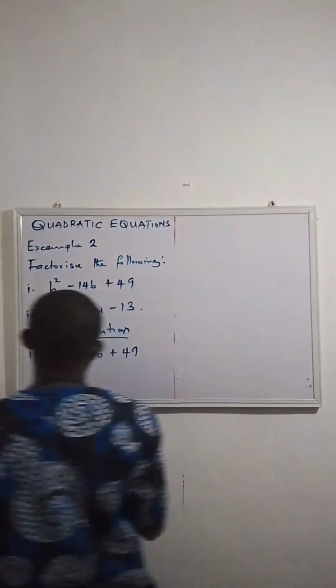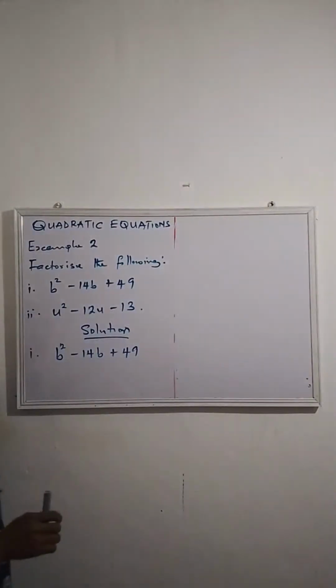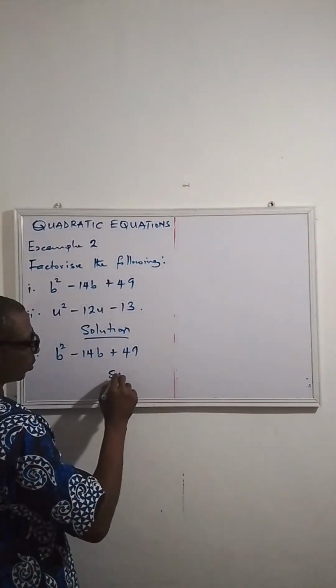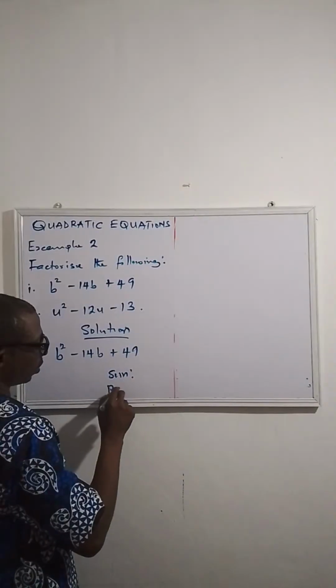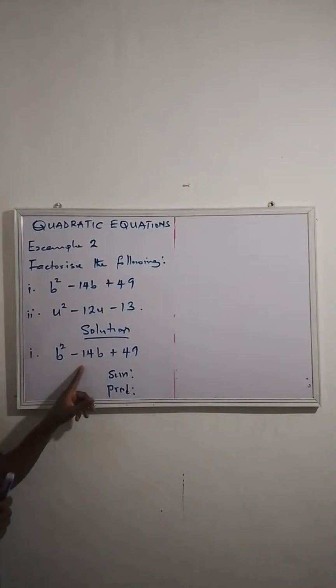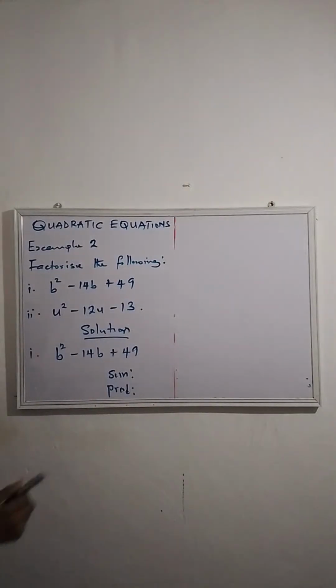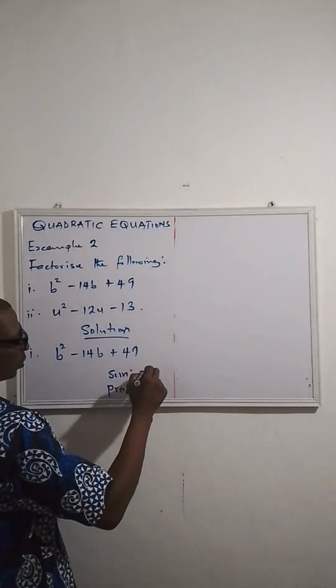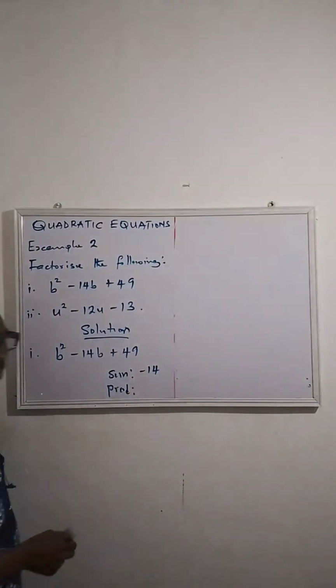Now, this is a quadratic expression in terms of b and not in terms of x, in terms of b. All right, so I need to identify the sum and product. So what is the sum and what is the product? Now the sum is the coefficient of b, and that is minus 14, sorry, minus 14.